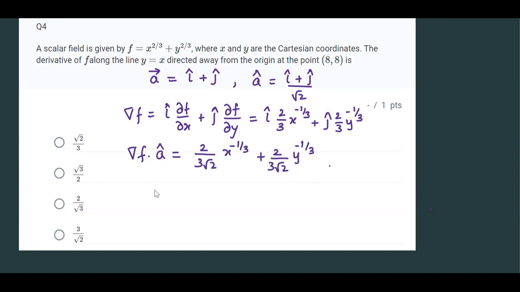Now at 8 comma 8, you will get 2 by 3 root 2 and 1 by cube root of 8. 2 cube is 8, so cube root of 8 is 2.